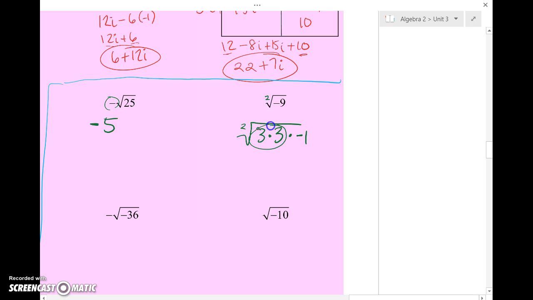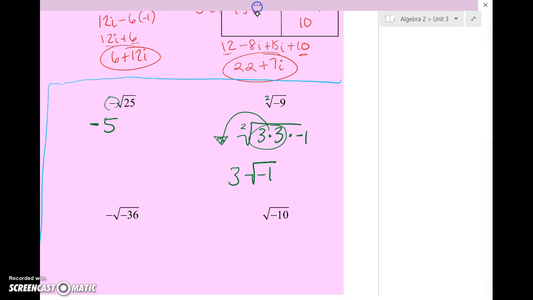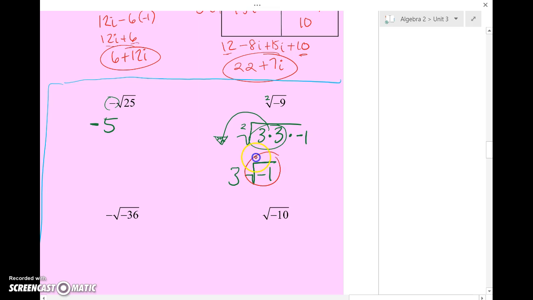So then we circle the group of 2, and we take 1 out, just one number, not both, just one, and then it becomes 3 times the square root of negative 1. And we're still not done, because remember that the square root of negative 1 is actually equal to i.